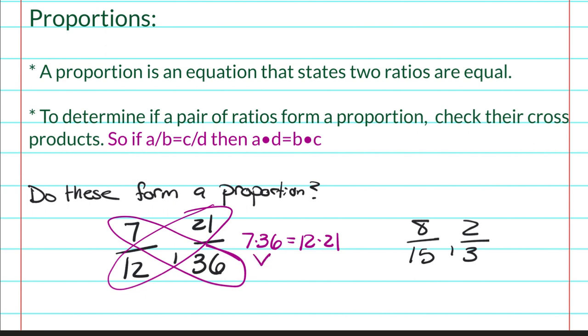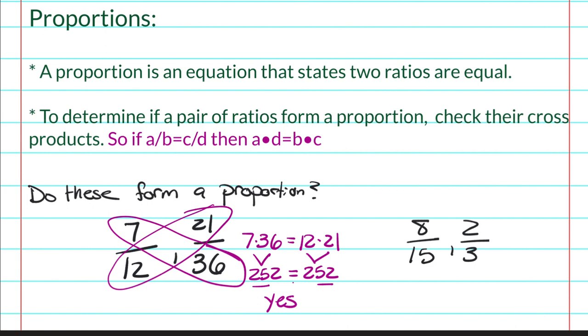Now we do the math. 7 times 36 is 252, equals 12 times 21, which gives me 252 also. Since 252 equals 252, yes, these two ratios are proportional.